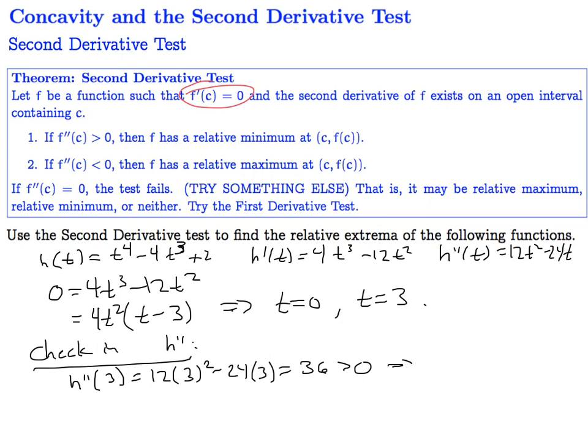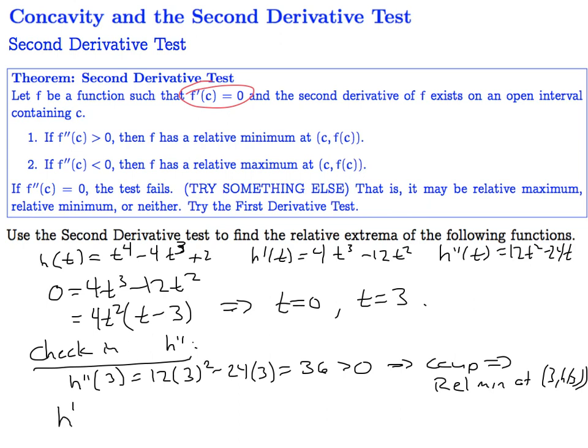So this tells me that my function is concave up. By the second derivative test, I'm going to have a relative minimum at 3, and whatever I get when I put 3 back into my function. So this is good, the second derivative test works.